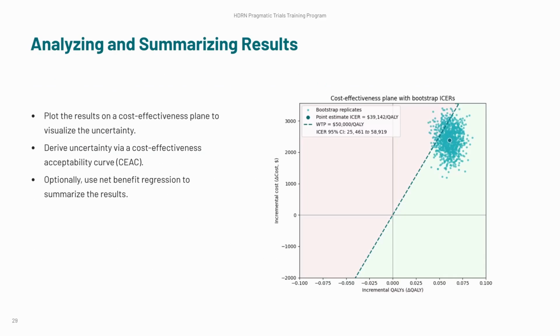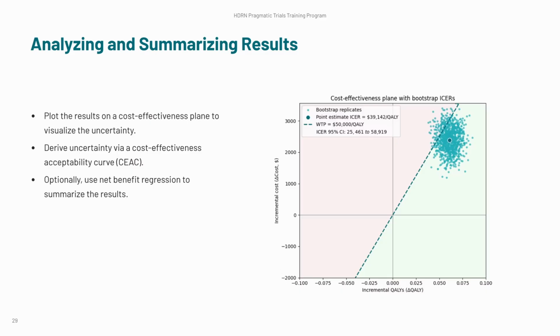Once we have those bootstrap replicates, the next step is to make the uncertainty visible. One way is the cost-effectiveness plane you see here. Each point on the plot is a bootstrap draw showing a pair of values for incremental QALYs and incremental costs. The cloud of points tells us how often the intervention lands in each quadrant and how tightly results cluster around the point estimate.